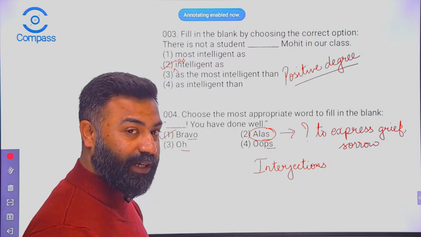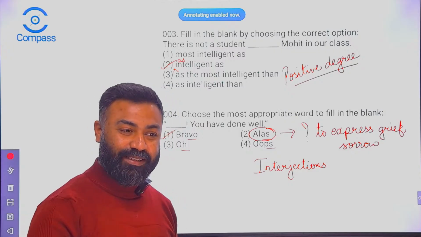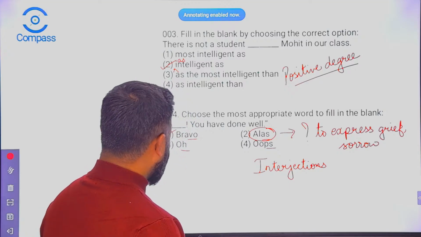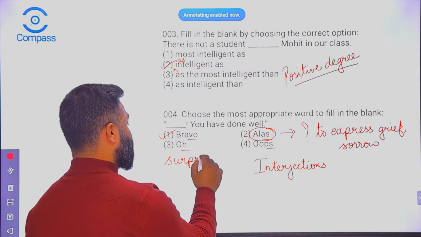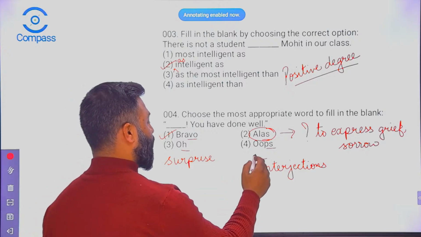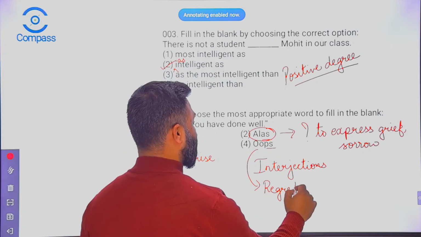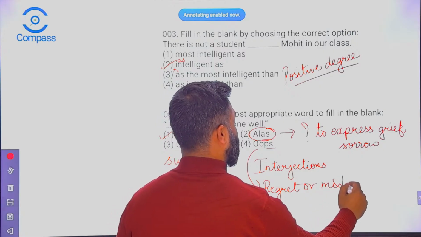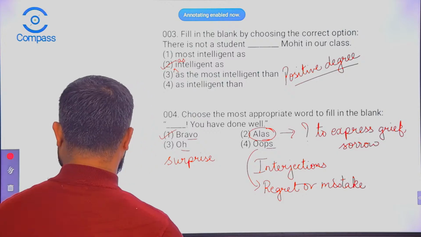We cannot say alas, you have done well. We are not feeling sorrow that somebody has done well. And O expresses surprise. Regret or a mistake. Okay, so that's how we do it.